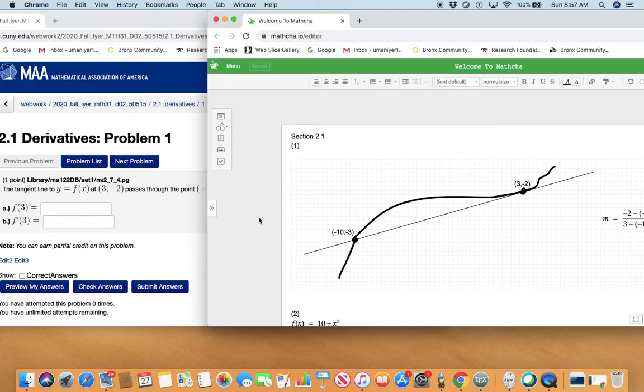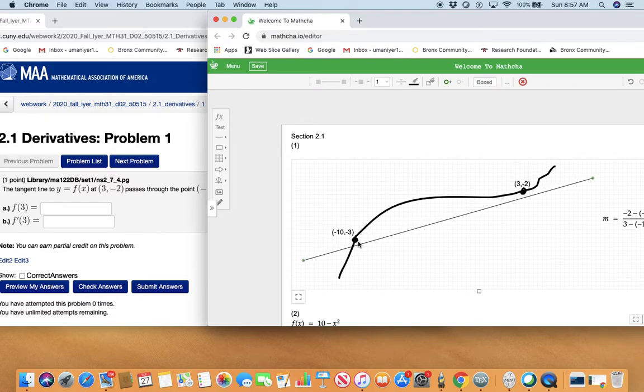This is another point, but it doesn't even have to be on my curve. That point could very well be somewhere else, somewhere like that. It's not necessary that the second point be on the curve, but the first point is on the curve.